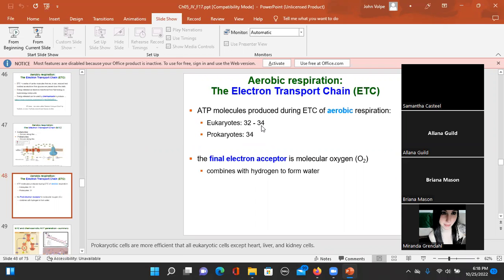Why do you think the heart, the liver, and the kidneys are more efficient at generating ATP from aerobic respiration than your other cells, like your skin cell, your brain cell? What do you know about the heart?